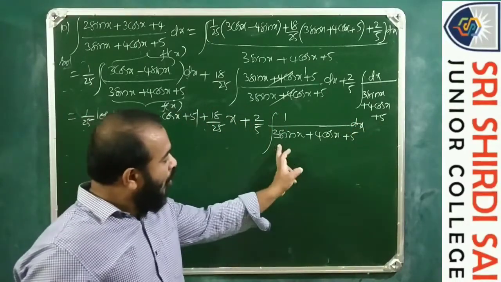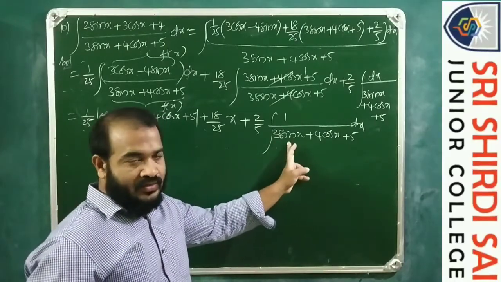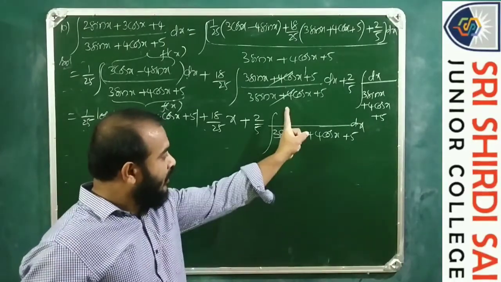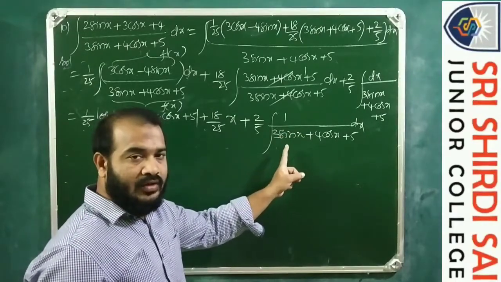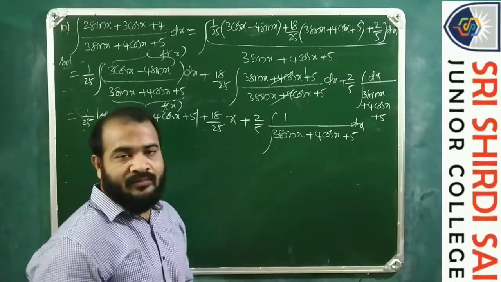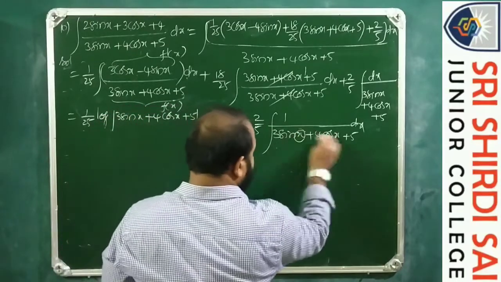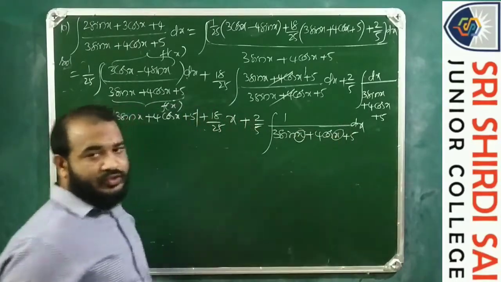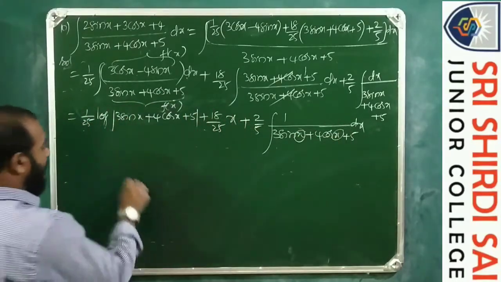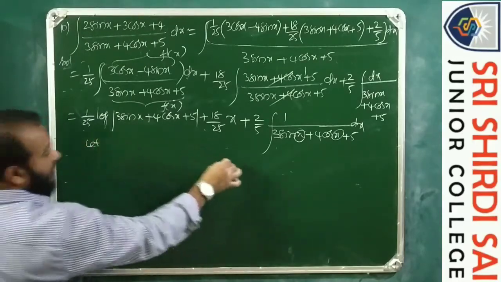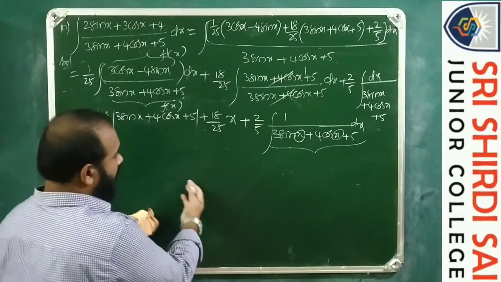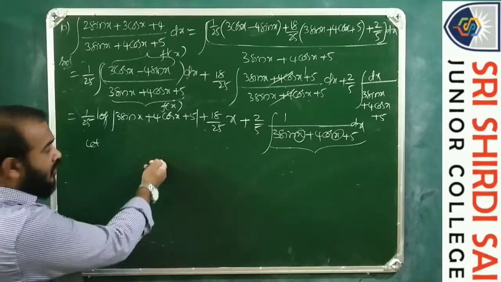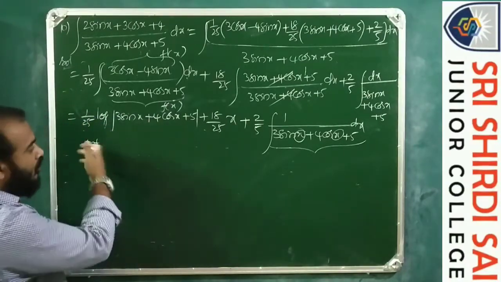So we know how to solve this. In the numerator it is 1. The denominator contains combinations of trigonometric functions sin and cos, so we have to take tan x by 2 is equals to t. We cannot proceed otherwise because it will be lengthy.